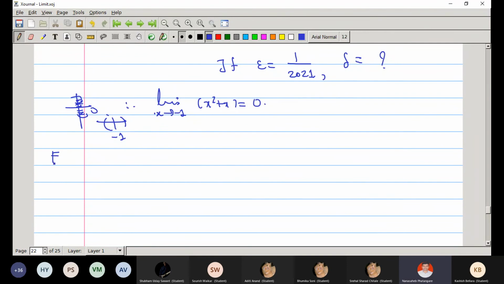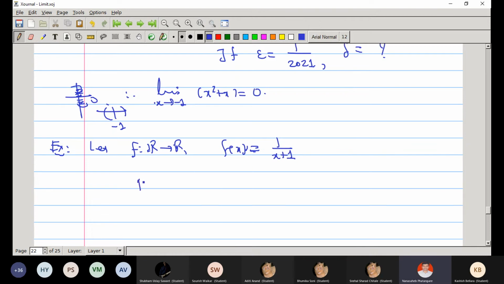Fine. So I will give you some exercises. Let f from R to R, f of x is equal to 1 upon x plus 1. Prove that limit x tends to 0 of f of x is 1.